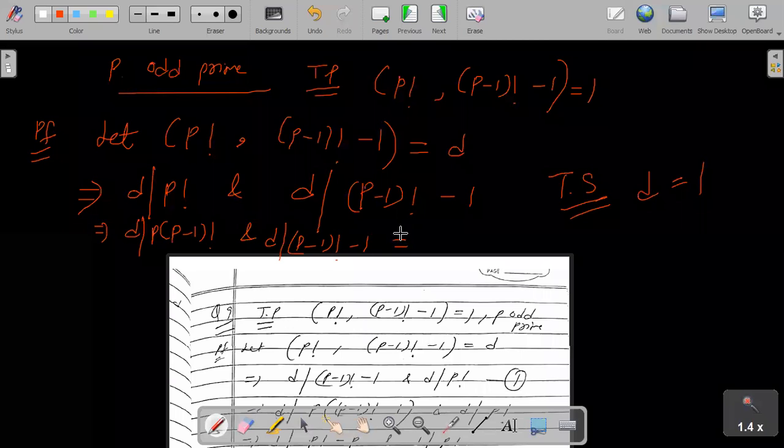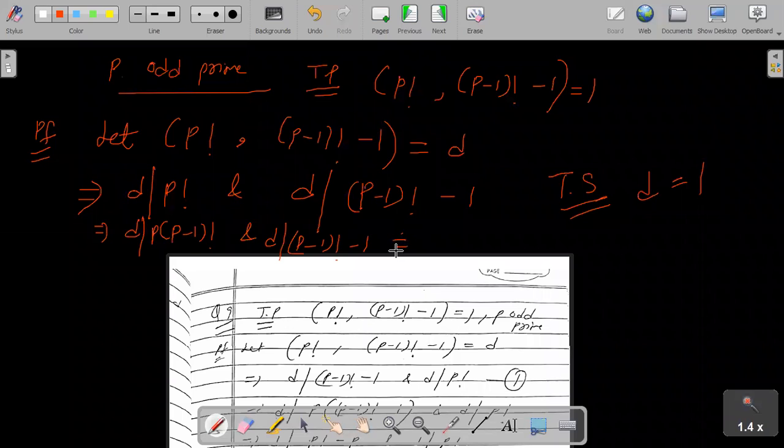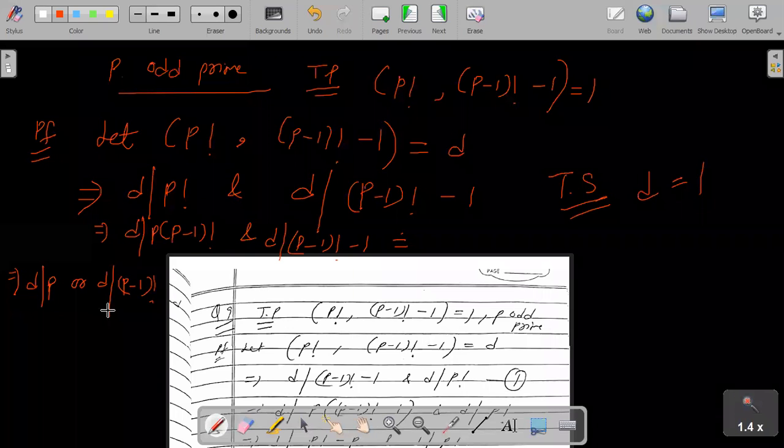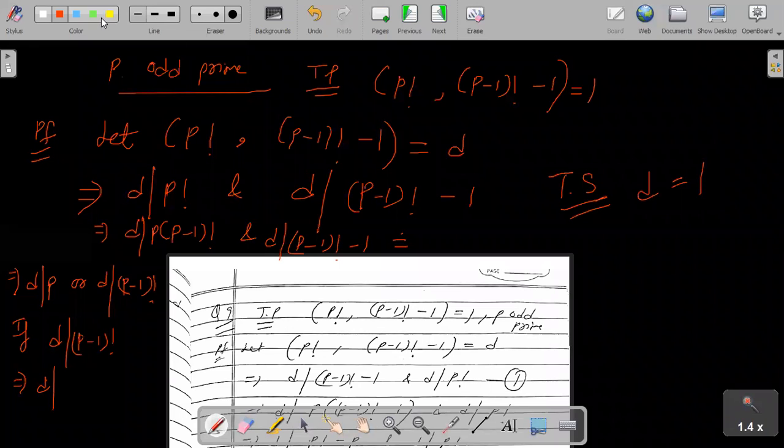फिर उसके बाद आप कह रहे हो, so यहाँ से क्या आया? D divides P और D divides P minus 1 factorial. ठीक है. तो अब आप कह रहे हो कि D divides P minus 1 factorial है, right? So if D divides P minus 1 factorial, then obviously D will divide ये जो दूसरी टर्म है, ये वाली.